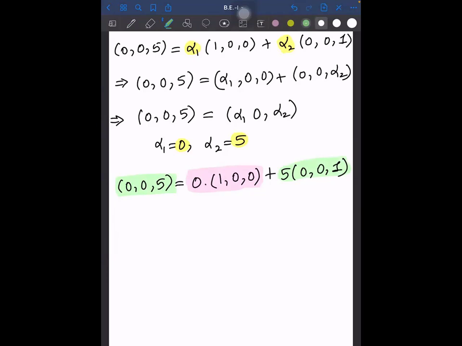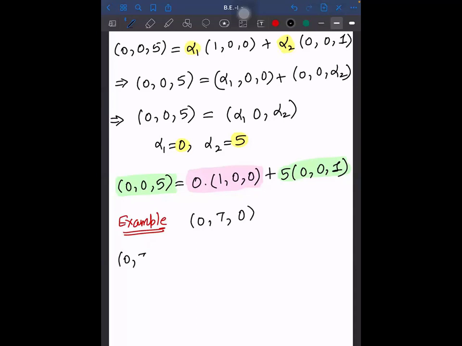Let's take another example. I'm taking the vector (0, 7, 0). Can this be written as the linear combination of these? Let's try with the same set of vectors.